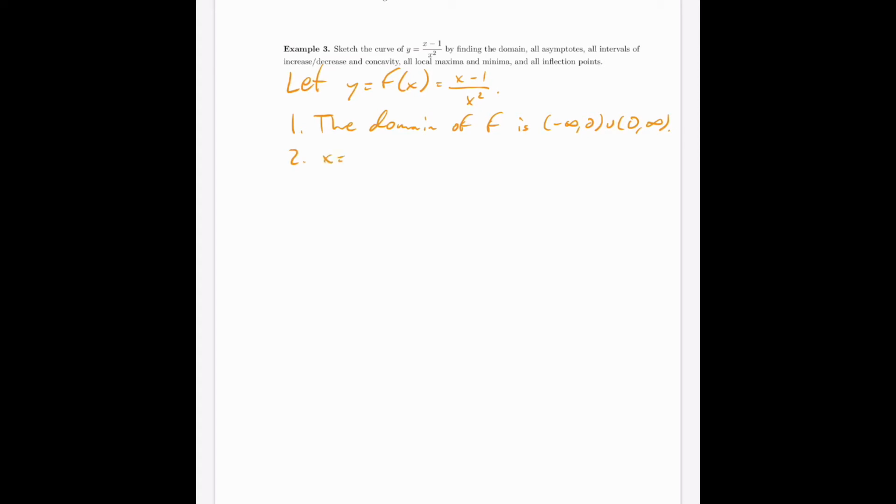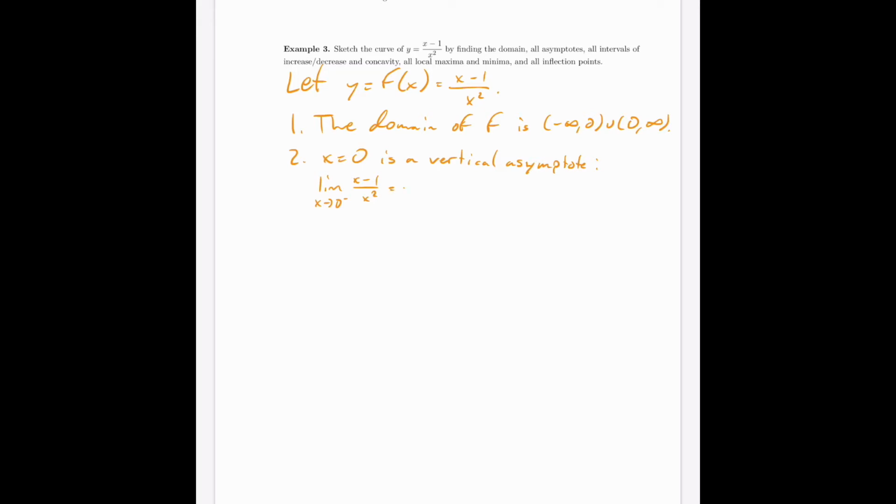Next, we're going to note that x equals 0 is a vertical asymptote. And even though we know that, we're still going to take the limit from the left and the right side of 0 of f of x. And the reason is we want to see how f is behaving around there to sketch our curve.